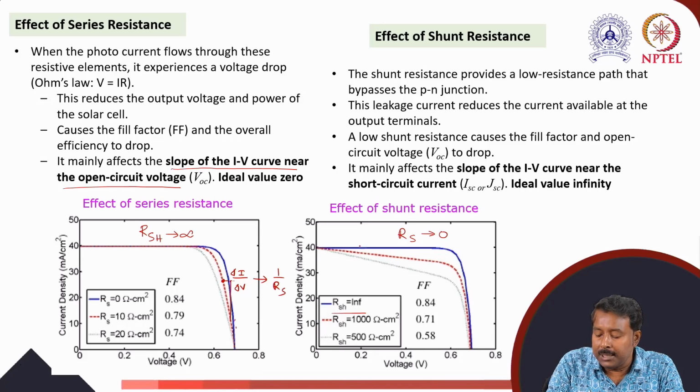If we take the slope here, delta I by delta V gives you the inverse of RSH. For an ideal case, there is no change in delta I for delta V, so delta I by delta V is almost equal to 0, which indicates RSH is infinity.